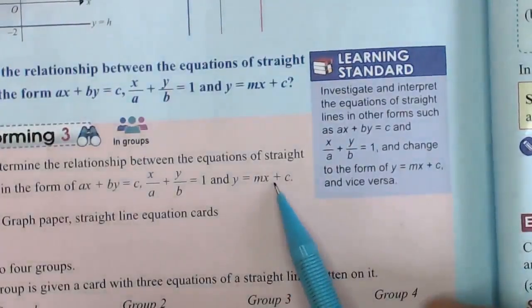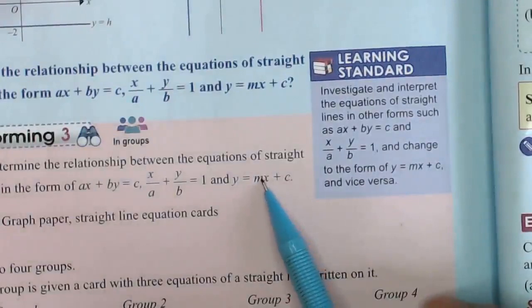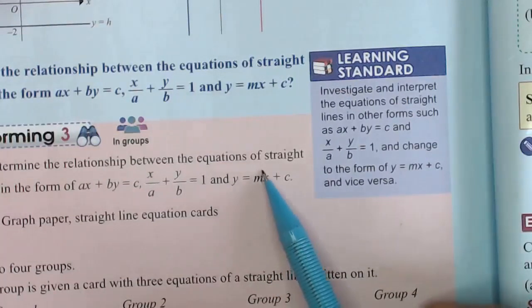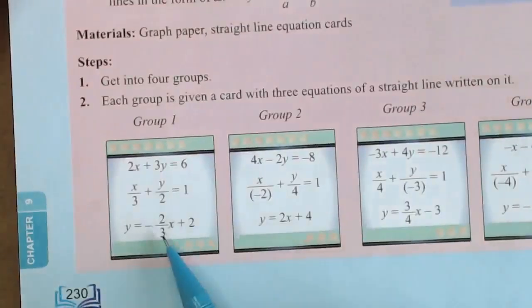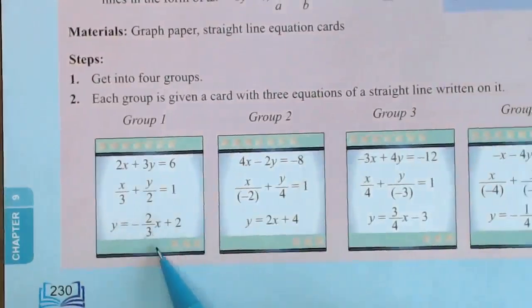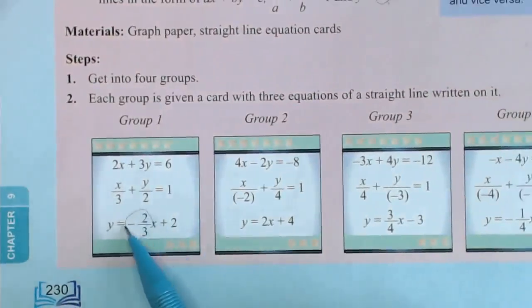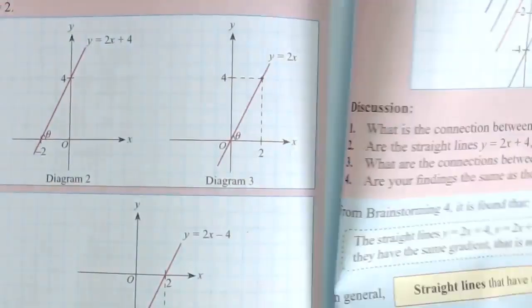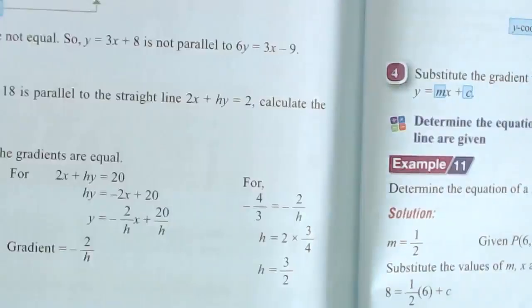If we can alter the equation to be in this form, then we can have the value of m directly. And that is the idea. So whatever the number intact with this x is the value for gradient m. That is another way to find it.